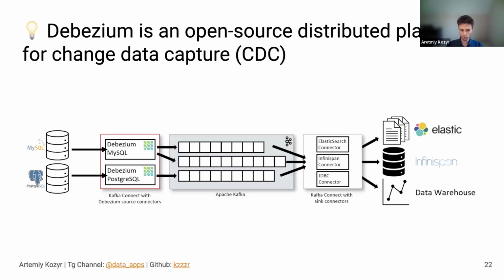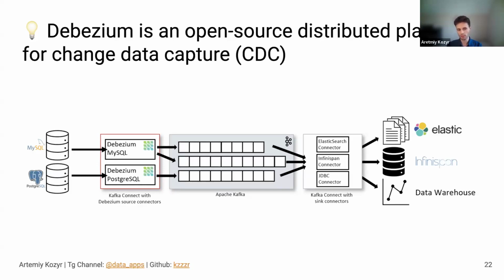So just a brief picture of how it works. From left to right, we see the MySQL and Postgres source databases. Then we have these Debezium connectors, which read the replication log, the write-ahead log for Postgres, and I would say oplog for MongoDB. So the names are different, but the concept is the same.